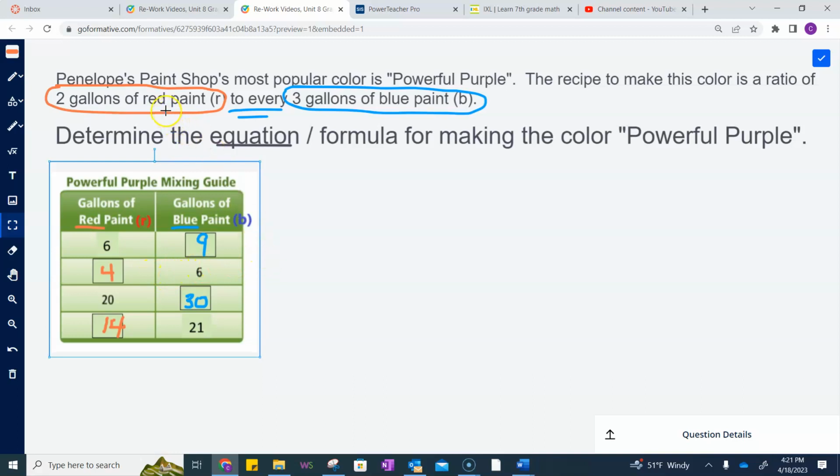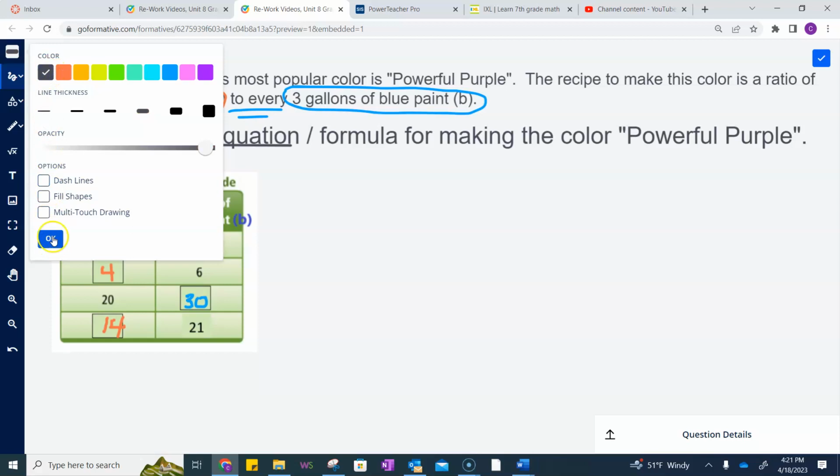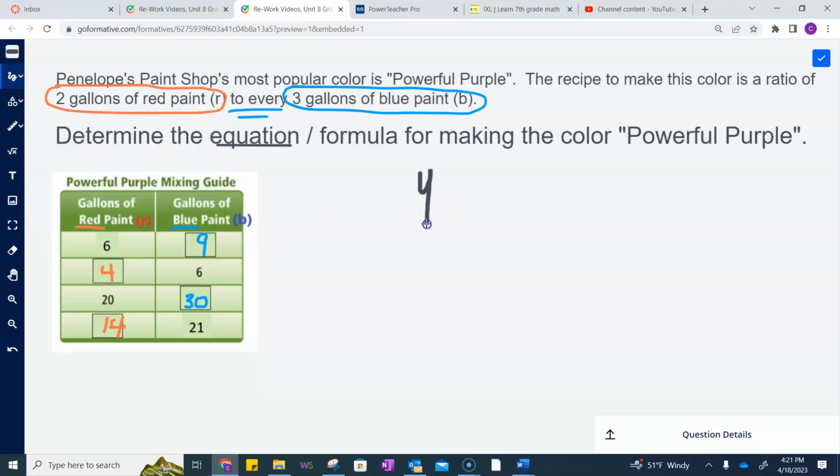Since we are always using a 2:3 ratio, it's a proportional table. And you need to recall that for proportional data, if we're trying to write the two-variable equation, it will always come in the form y equals kx, where x and y are the variables you use in the table, and k is your unit rate or constant of proportionality.